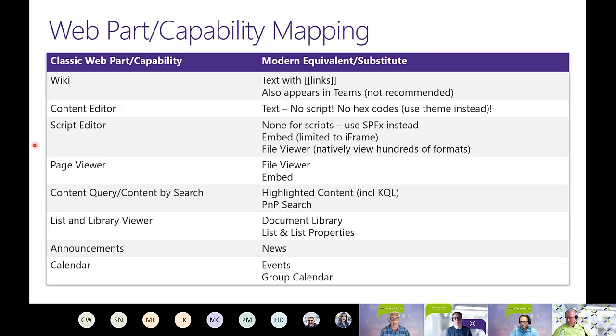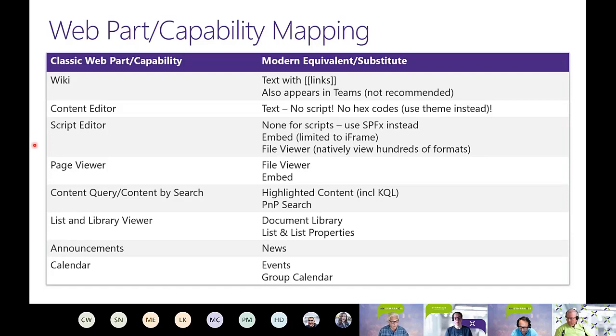But the highlighted content web part understands all of the out of the box types of content that you might have in your sites. And so it's very good for selectively exposing or rolling up content from across your tenant. And if you look at all of the different settings that it's got, you can actually accomplish a heck of a lot with it.